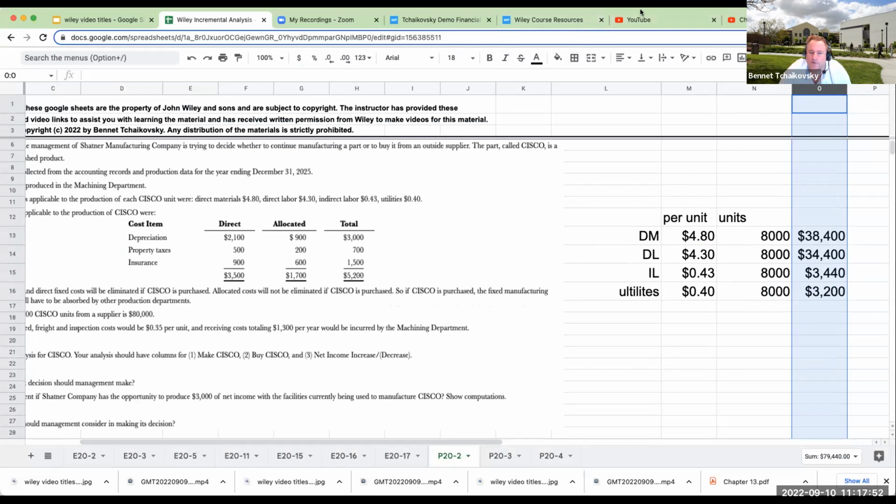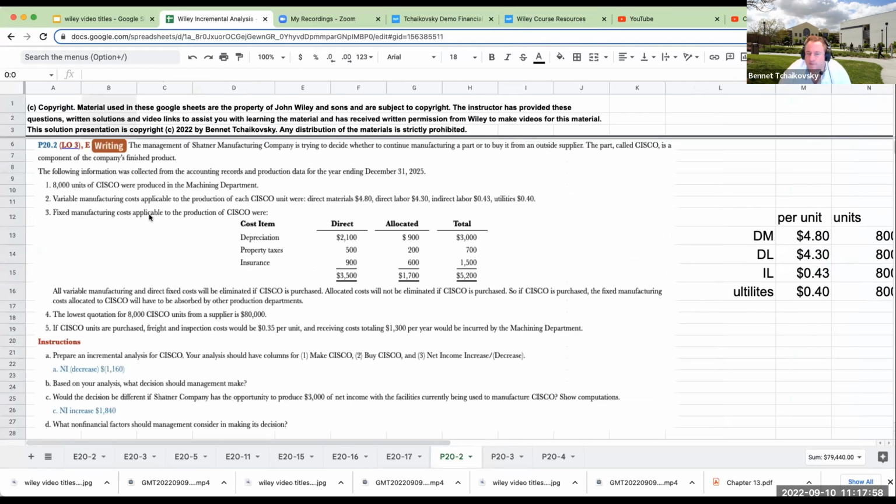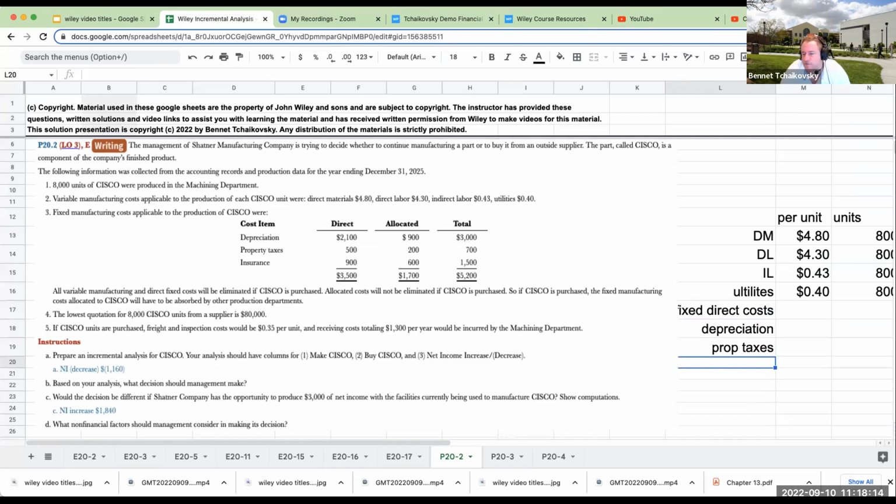Now we get down over here to other parts. So fixed manufacturing costs applicable to Cisco were, so basically, we're now going to show over here fixed direct costs: depreciation, property taxes, and utilities. And then allocated costs, which are fixed.